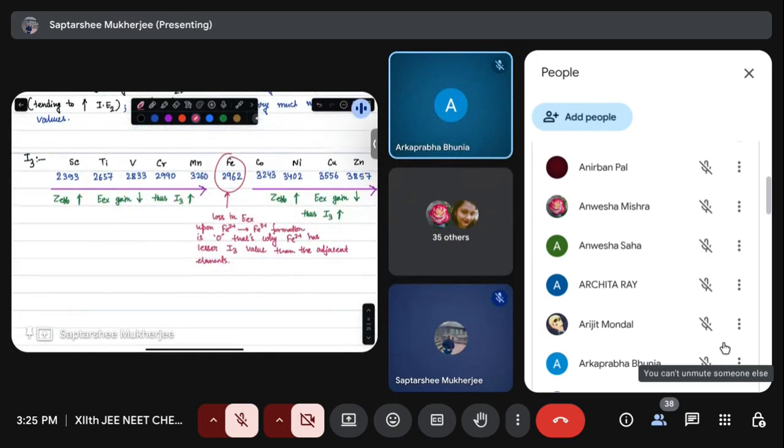Now everyone take out your NCERT textbook and come to this ionization enthalpies page. Please do it fast.